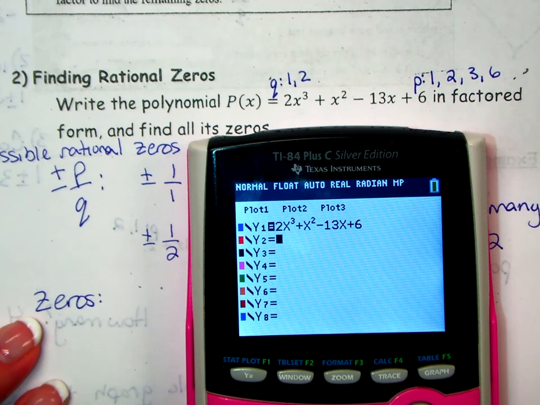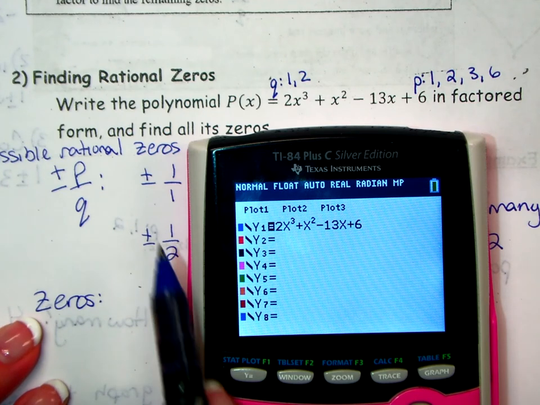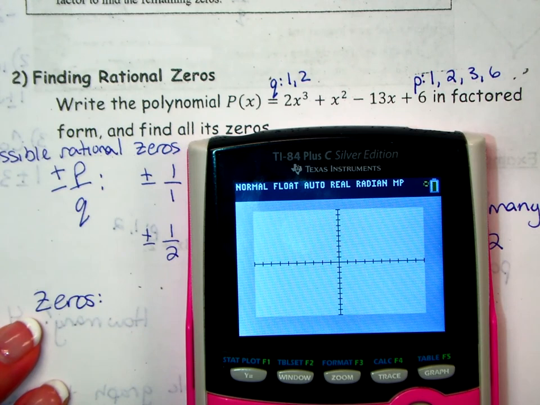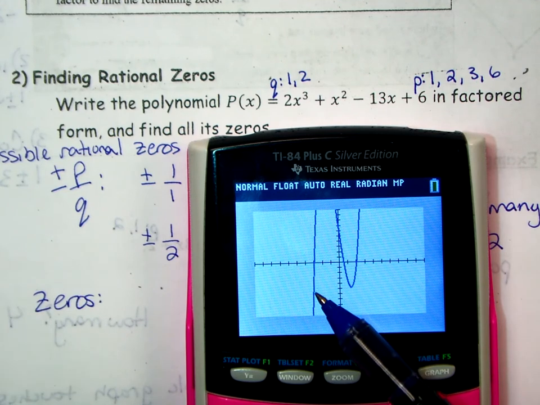Now, instead of going to the table and plugging all these in, I'm just going to look at the graph, because x-intercepts and zeros are the same thing. So I have it crossing once, twice, 3 times. So it crossed the x-axis 3 times.